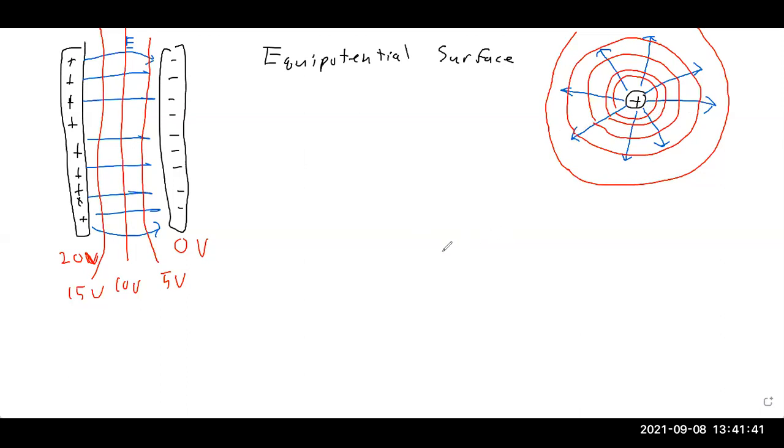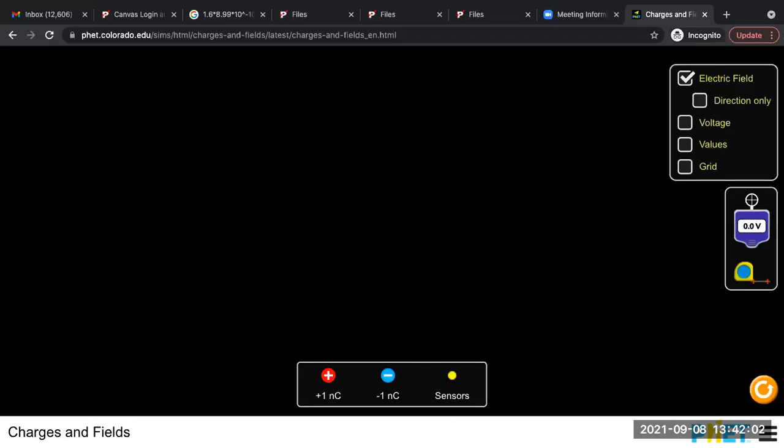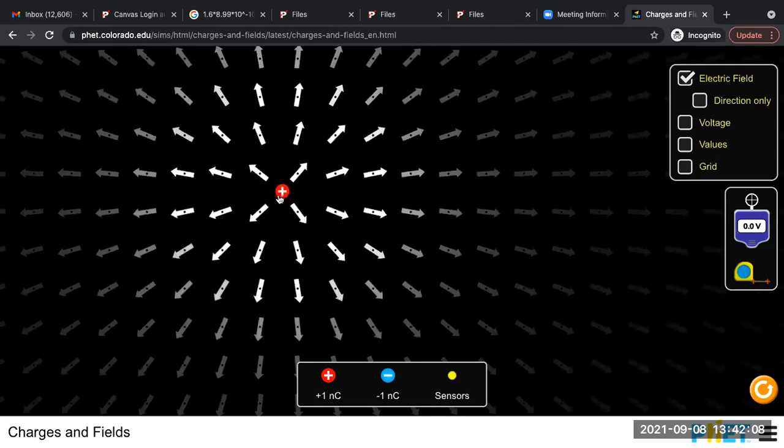So, something to help that visualization. I think we've seen this one before. If we have a positive charge, electric field lines go away from it.